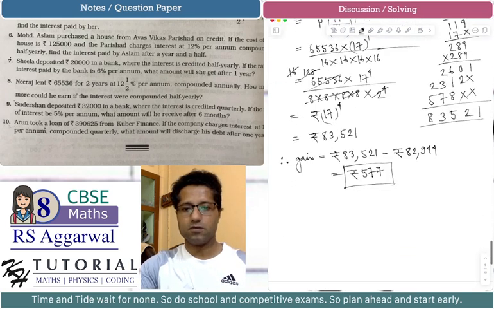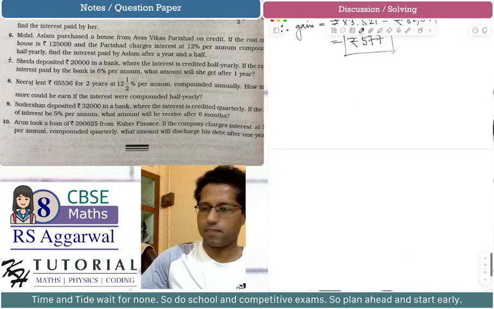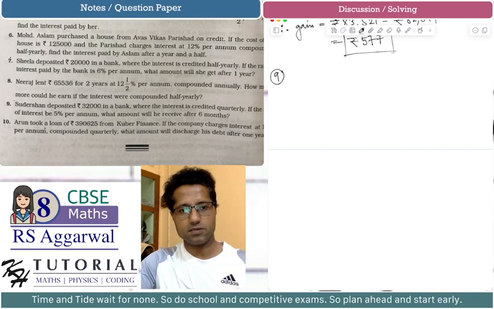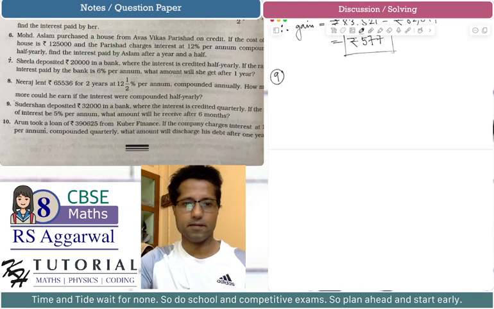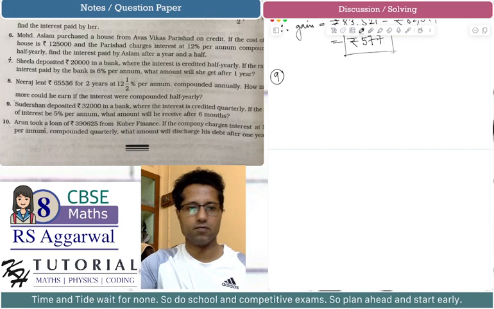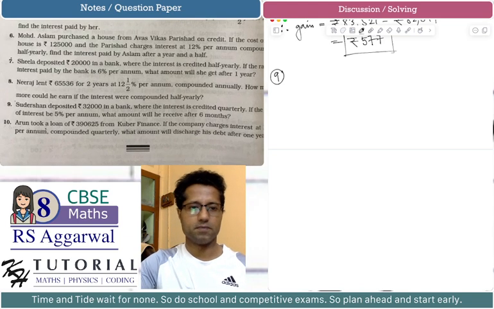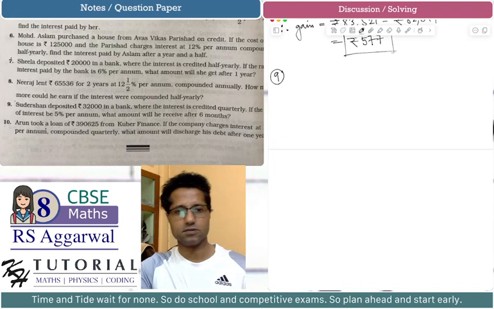Okay, let's do question number 9. Sudarshan deposited rupees 32,000 in a bank where the interest is credited quarterly. If the rate of interest be 5% per annum, what amount will he receive after 6 months?